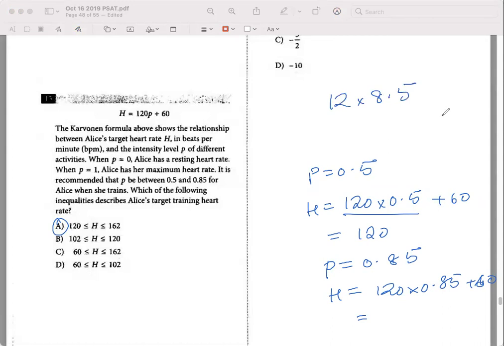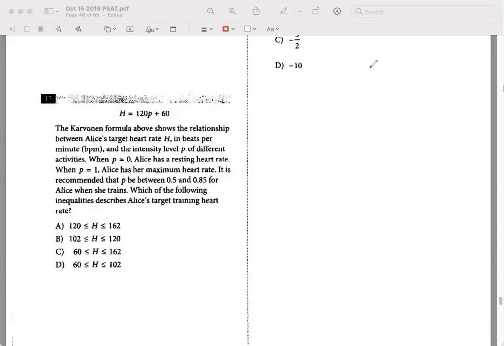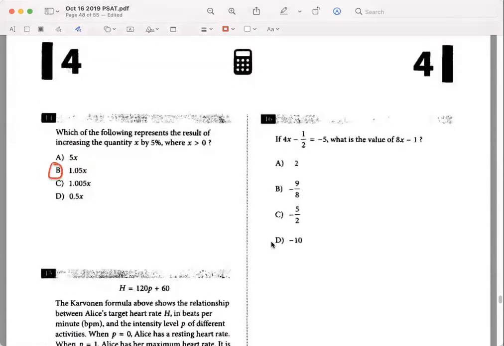So 12 fives are 60, 0 carry 6. 12 sevens are 84, 12 eights are 96. 96 plus 6 is 102. So that's 102 plus 60, that's 162. So it has to be between 120 and 162. But if you are running short of time, you don't have to calculate the 162 because you can see that the only option which has 120 as the lower value is A.